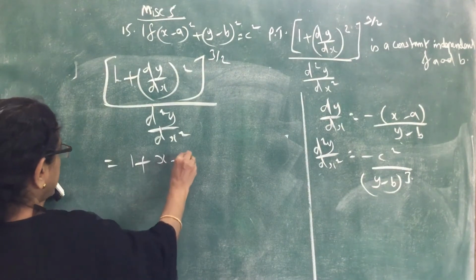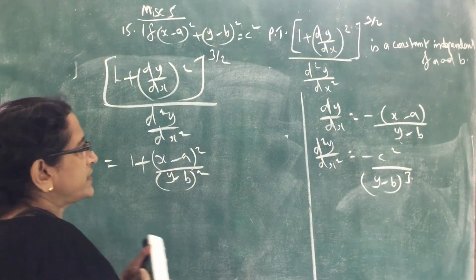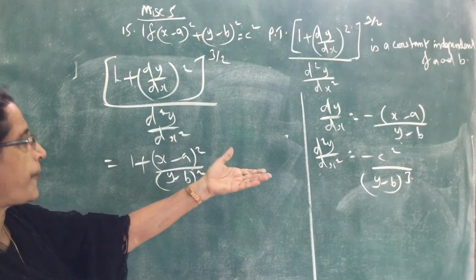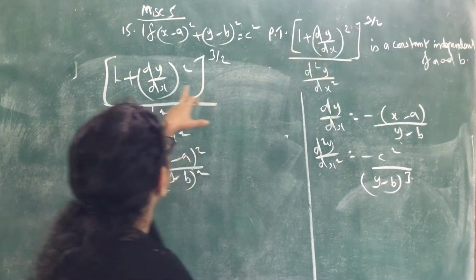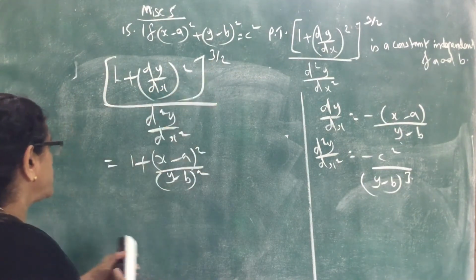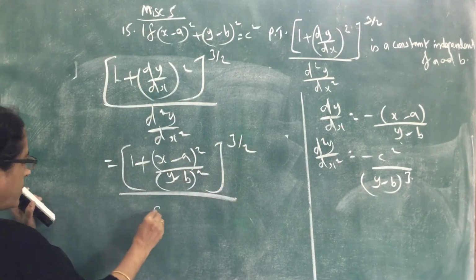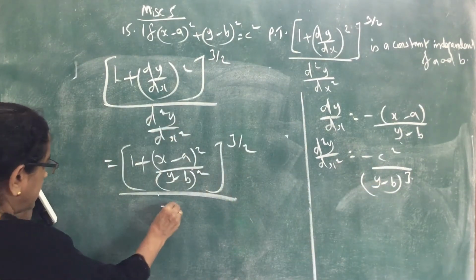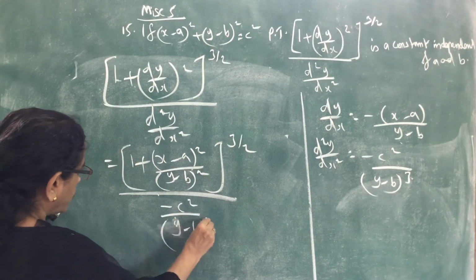Then the whole thing is raised to 3 by 2, whole divided by d square y by dx square. What is d square y by dx square? Substitute that: minus c square divided by (y minus b) whole cube.